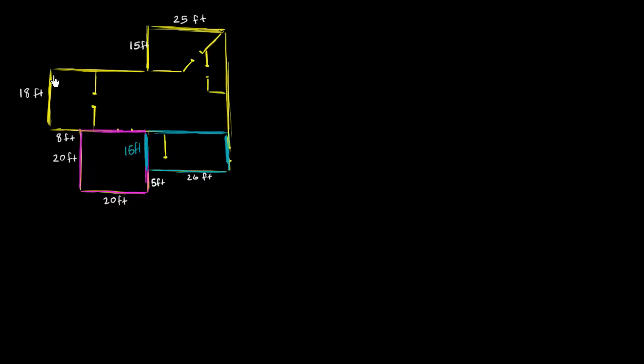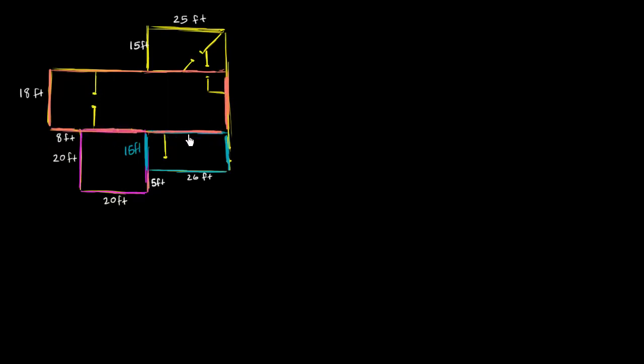Now let's add another rectangle. We could have one that's 18 feet long and then goes the entire length of the house, like that. And you might say, wait, how do we figure out its width? Well, we know that this is 8 feet, we know that this is 20 feet, and we know that this is 26 feet.